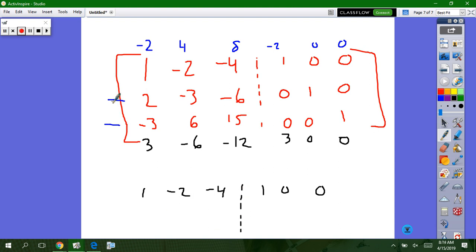I'm going to add row 2 and -2 times row 1 together. -2 plus 2 is 0. 4 minus 3 is 1. 8 minus 6 is 2. 2 plus 0 is negative 2 plus 0 is -2. 0 plus 1 is 1. 0 plus 0 is 0.